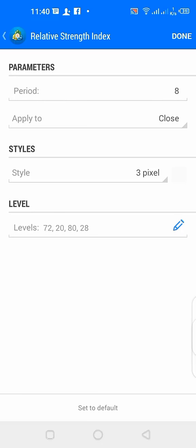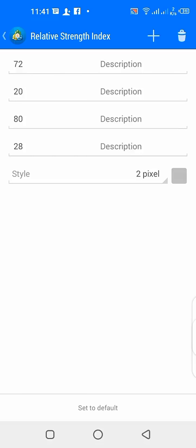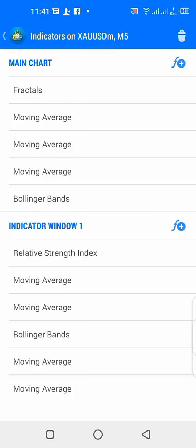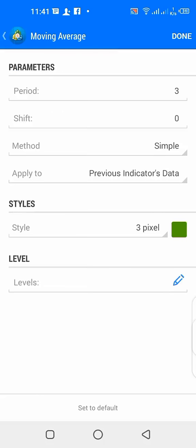And for the levels, you have 72, 20, 80, and 28. Okay, that's for the RSI. Then next is a moving average. Period is 3, shift 0. Method simple, apply to previous indicators data, and the color is green.